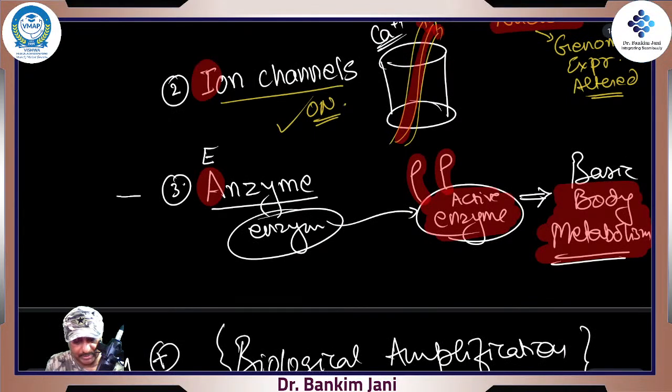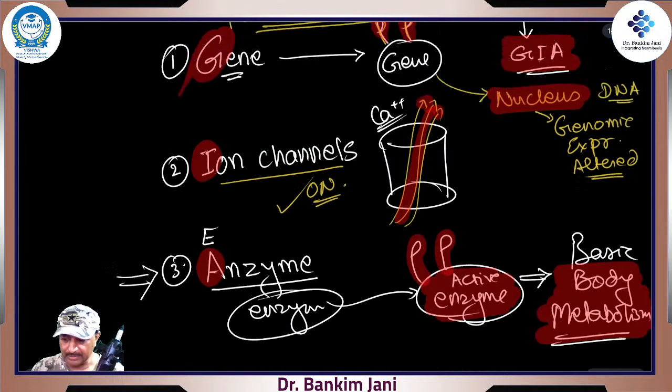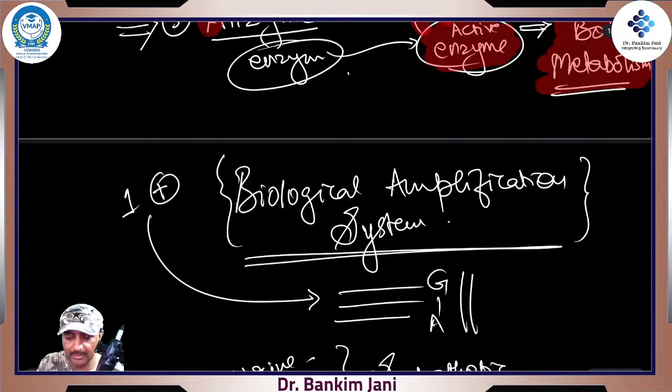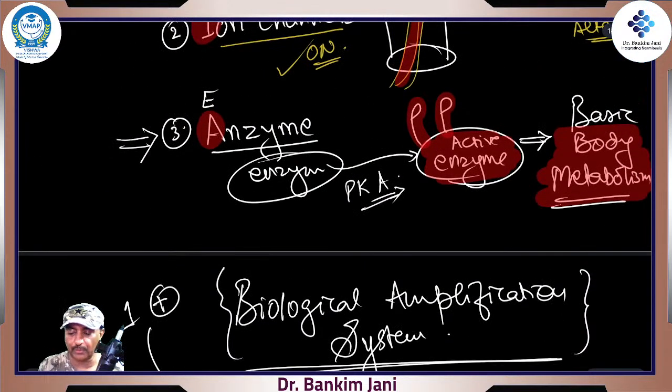Our enzyme, on this, what is acting? It is our protein kinase A, so we just say PKA. What is PKA doing? It is phosphorylating, adding those phosphates. And this enzyme becomes active and it leads to all those body functions.